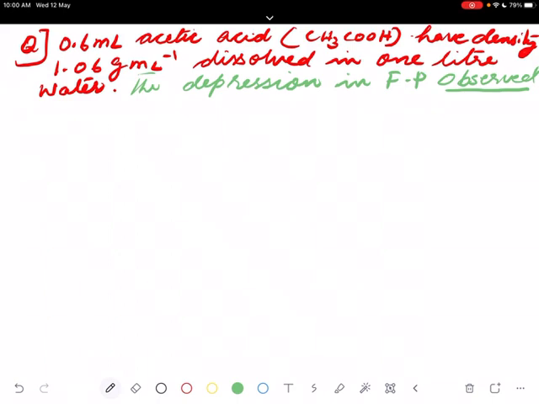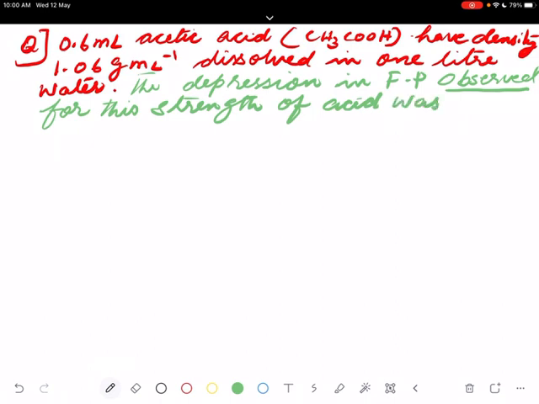So what is given here is the observed colligative property, for this strength of acids, was 0.0205 degrees Celsius. So this is the depression in freezing point, and they have said observed. So this is the observed colligative property.